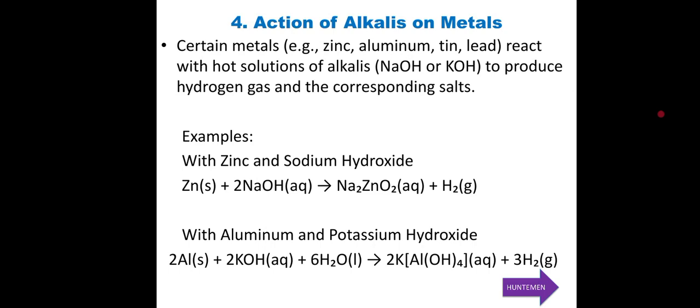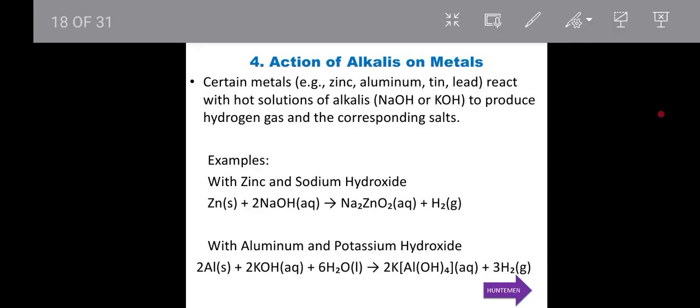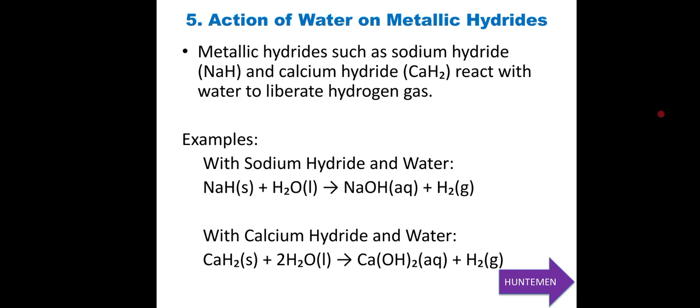So in this case, we are looking for hydrogen. In the first example, the hydrogen gas was produced and the salt formed was Na2ZnO2. If you look at the second example too, that is the use of calcium hydride and water.